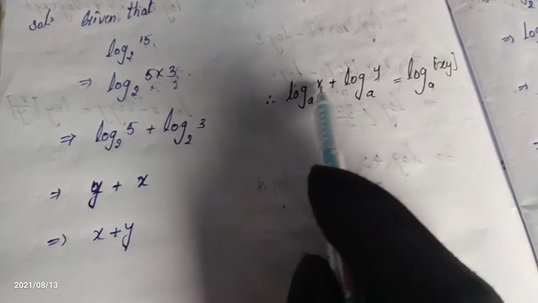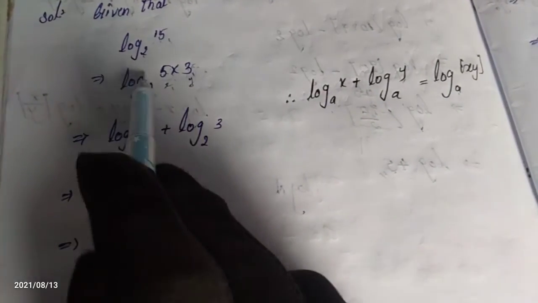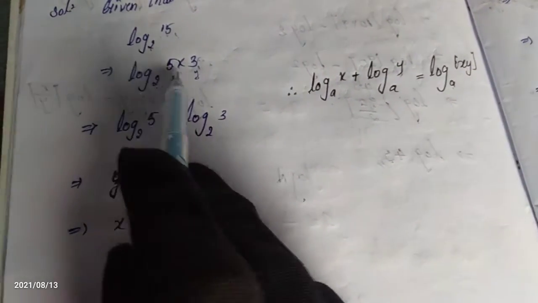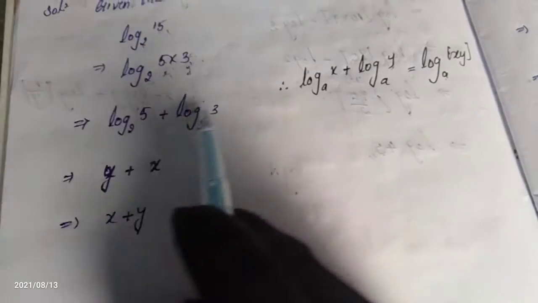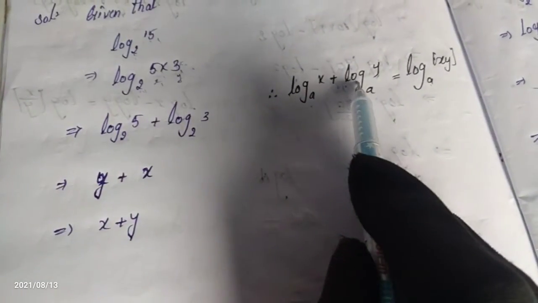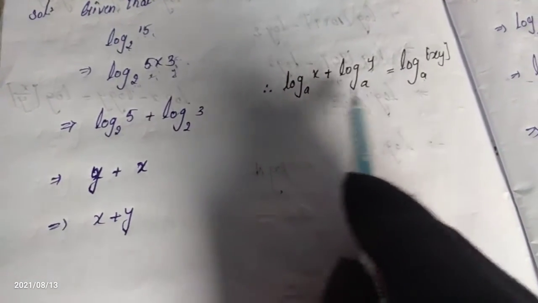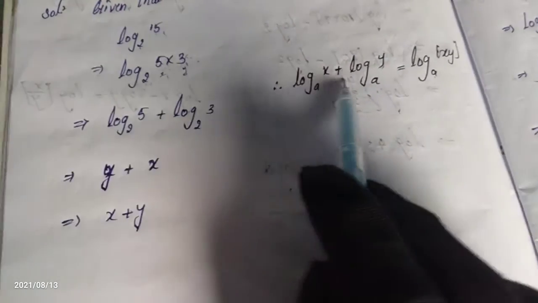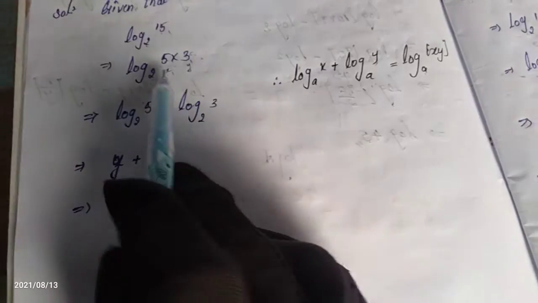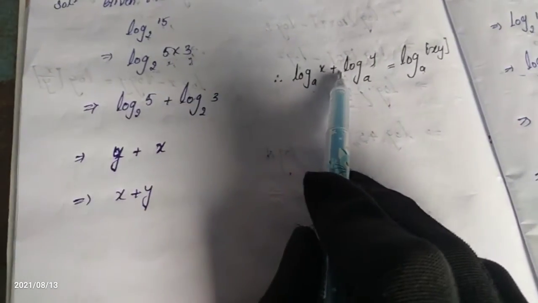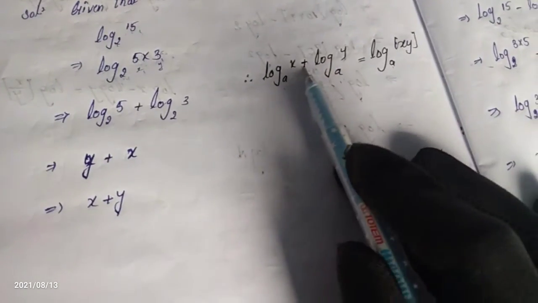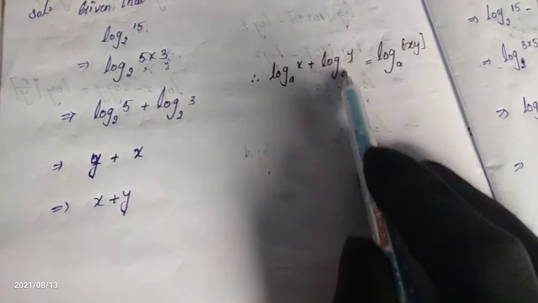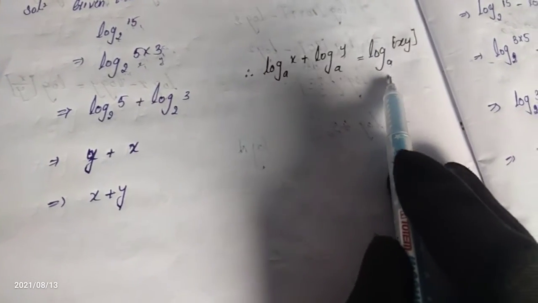Log x to the base a means log 5 to the base 2. Plus, I am writing. Log y to the base a means log 3 to the base a. I am splitting according to the formula, according to the law. What is the law? Log x to the base a plus log y to the base a is equal to log x into y to the base a.